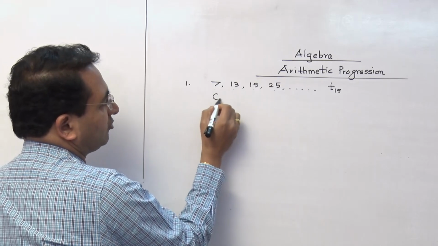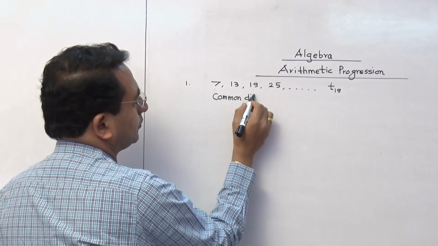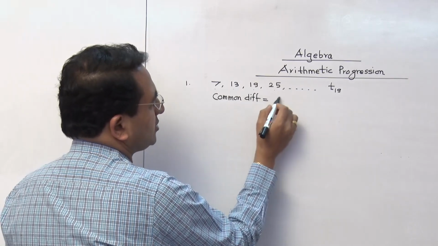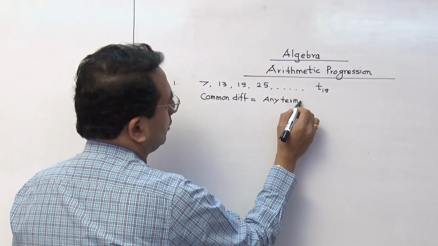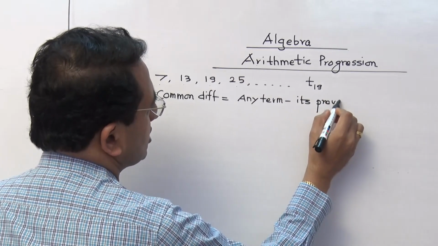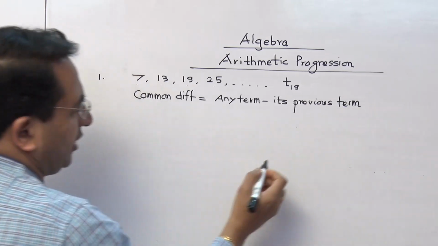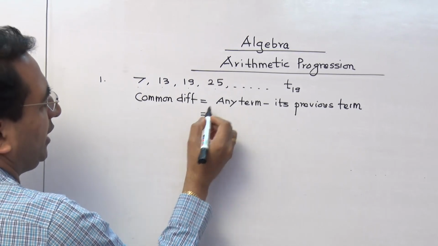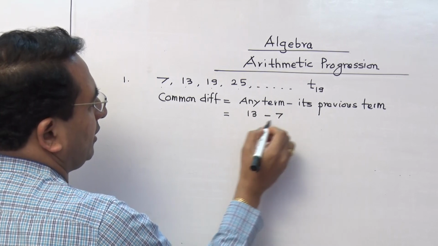So I am writing the first part over here, common difference, and that common difference has a formula like this. It is any term minus its previous term. Now any term we can take, that is 13 minus 7.